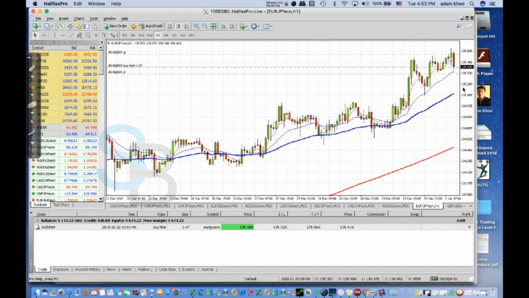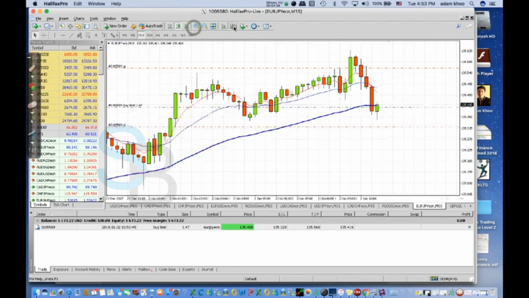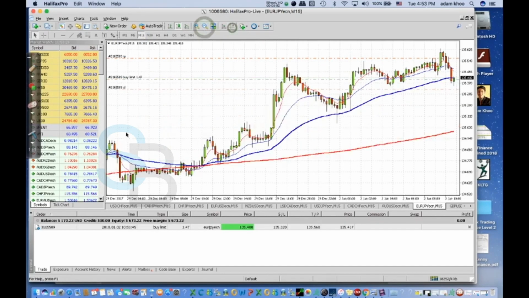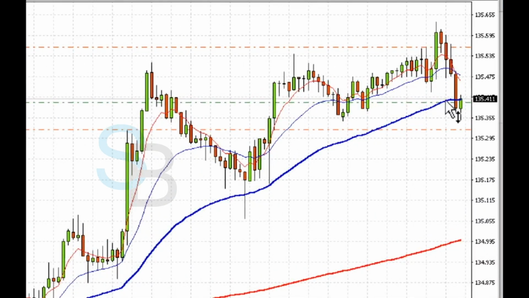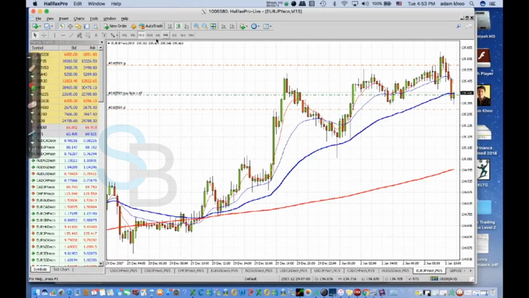So on the hourly candles it's a clear uptrend, and on the 15-minute candles it's also in a clear uptrend, as you can see, 18 above 50, 50 above 200. So it must all be aligned on the 15-minute and hourly candles.